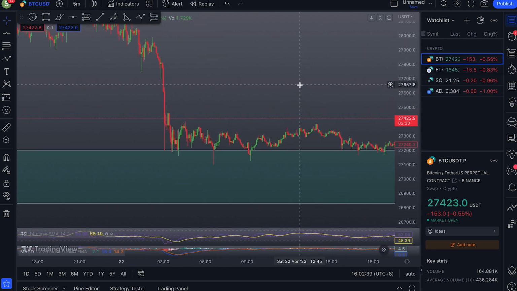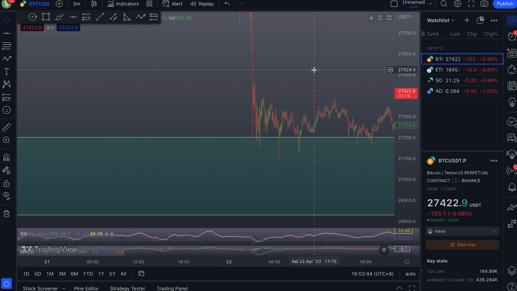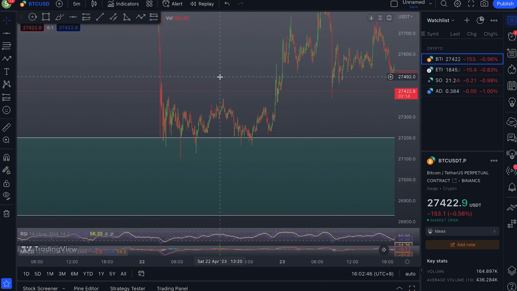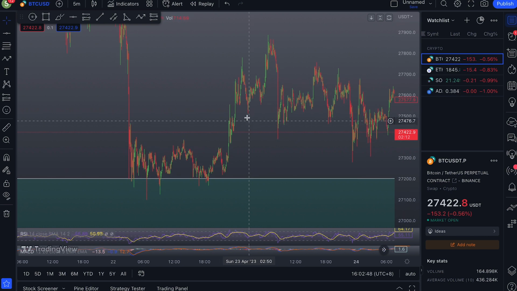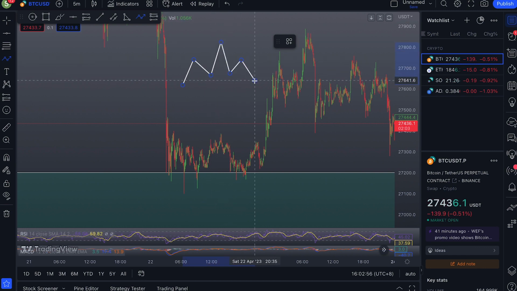I am going to be trying to implement the Wyckoff situation. The Wyckoff method is, if I'm not mistaken, something like this, or it could be the other way around, something like that.